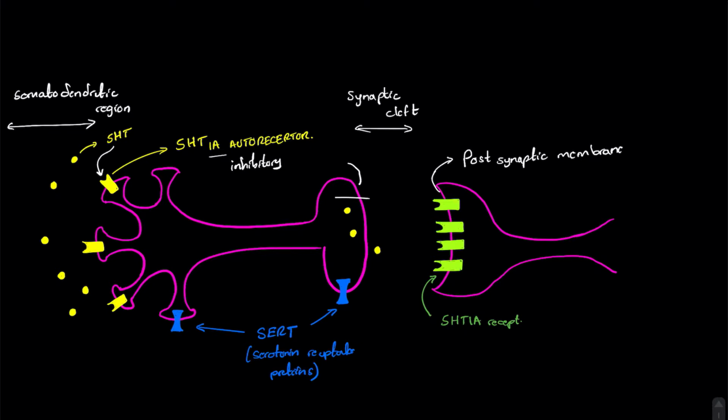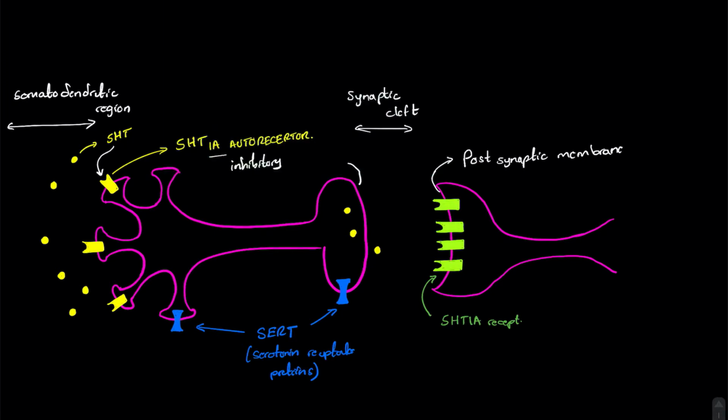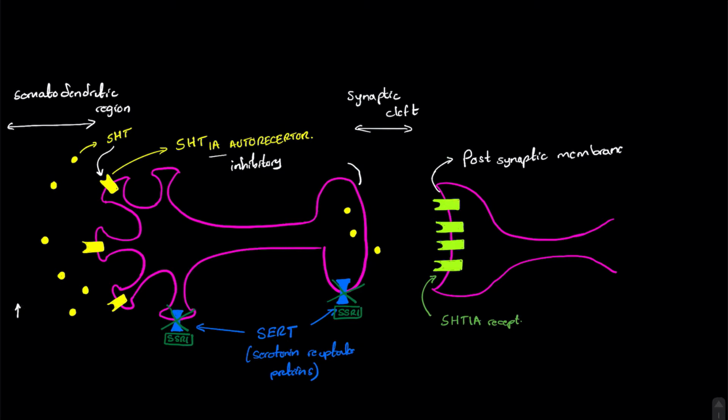With the introduction of an SSRI, the selective serotonin reuptake inhibitors, which would bind over here. Let's say this is the SSRI, and over here they essentially block the reuptake protein, causing an increase in the level of 5-HT in the somatodendritic region, with also some increase in the synaptic cleft region.